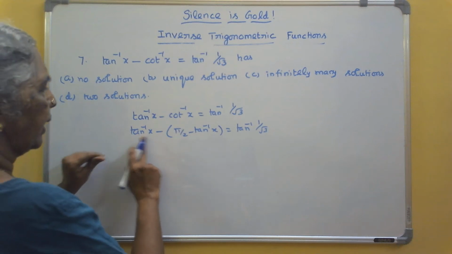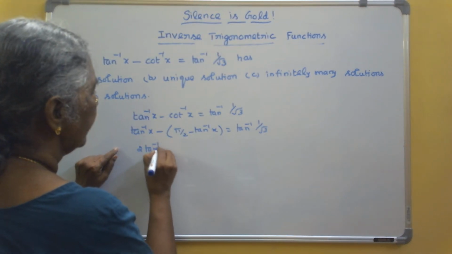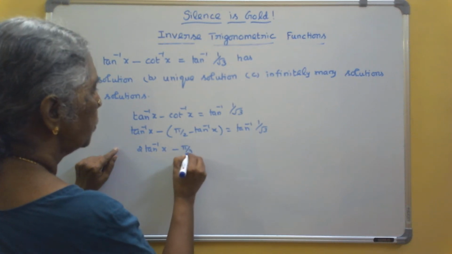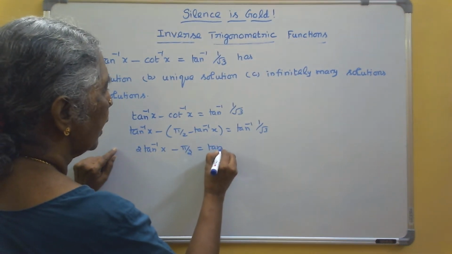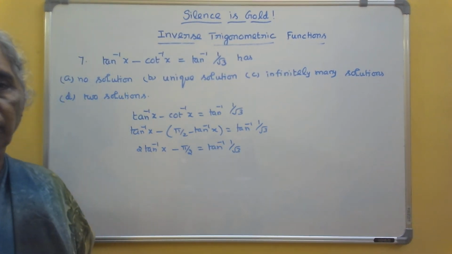So here, if I remove the bracket, I will be getting 2 tan inverse x minus pi by 2 equal to tan inverse 1 by root 3.